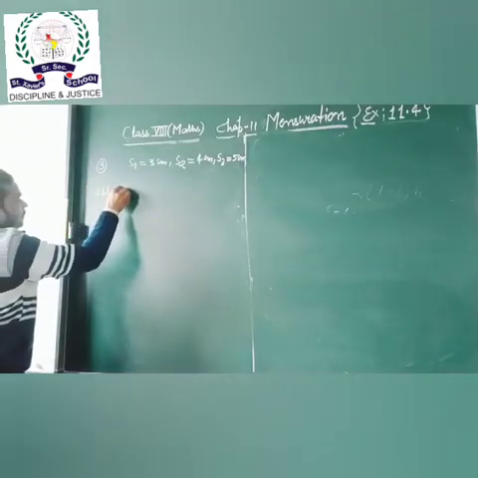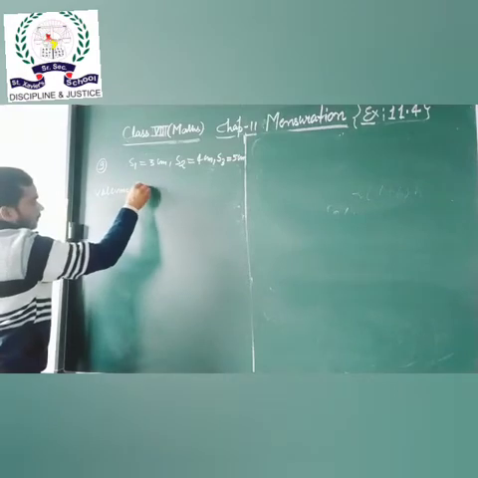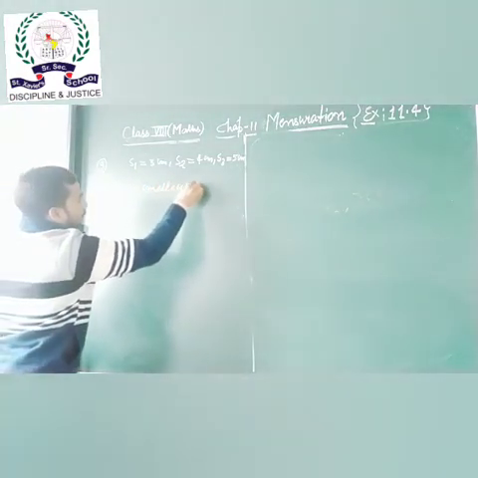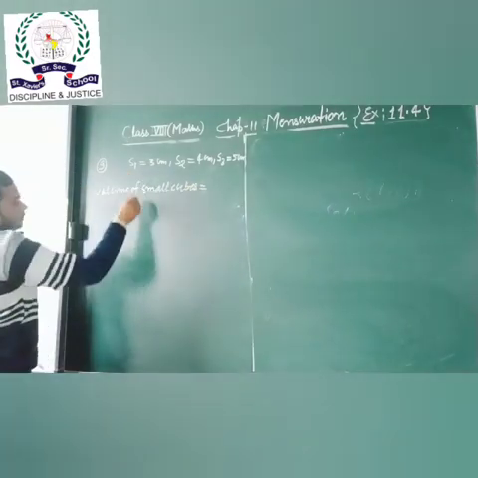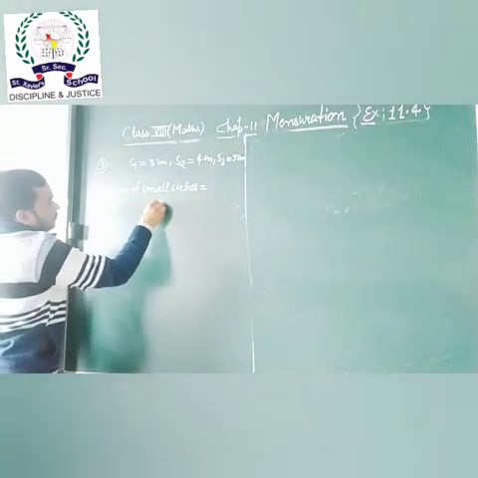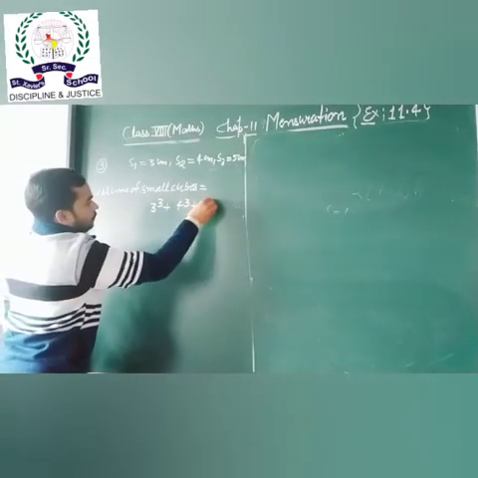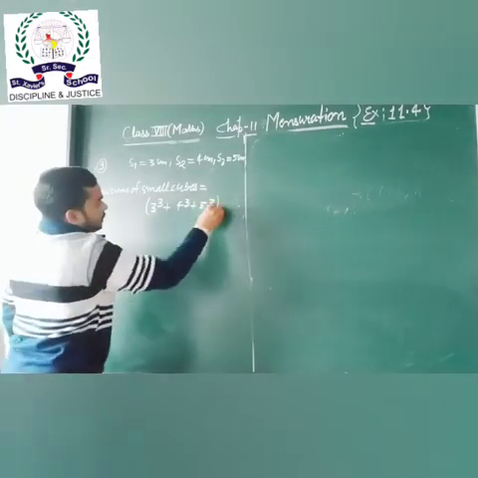So volume of small cubes equals 3 cube plus 4 cube plus 5 cube centimeter cube.